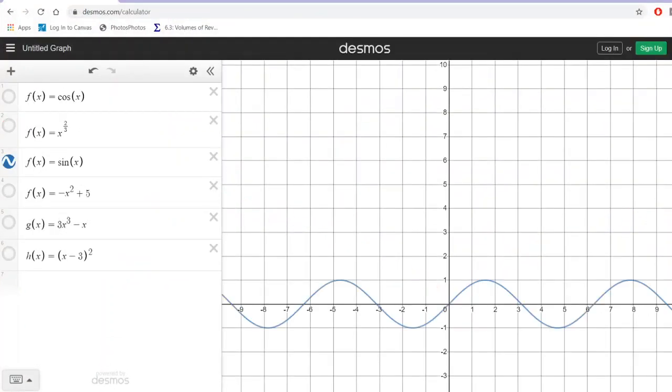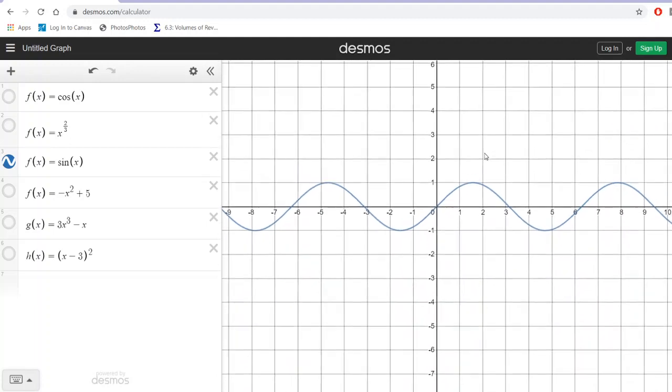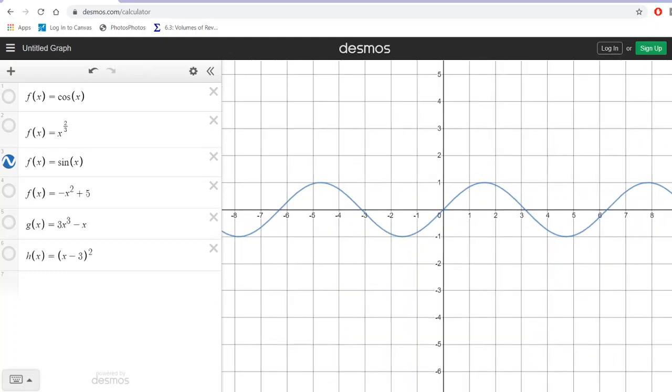So here's the graph of sine of x. Let me pull back up cosine of x so we can compare. Cosine of x, remember, had that symmetry about the y-axis. Now, sine of x has a very similar shape, but it has this kind of symmetry where it goes up and to the right and then down to the left, and it's doing the same shape but diagonally across from each other. So that's what an odd function looks like.